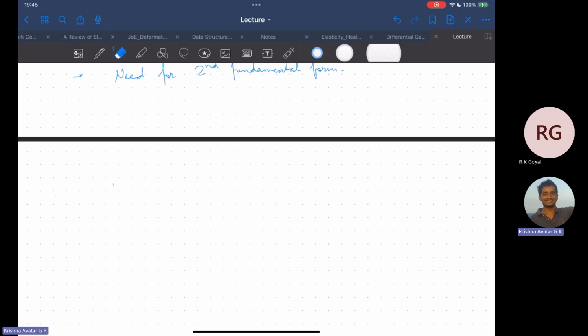So we have some sort of a surface like this. Of course, I'm unable to provide an understanding in terms of 3D.